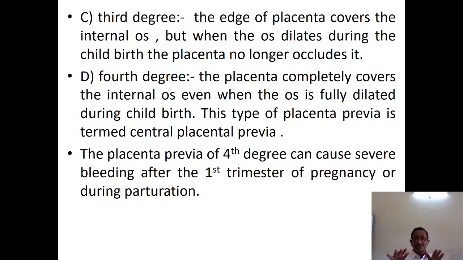And in the fourth degree, the placenta completely covers the internal os, and when the os is fully dilated during childbirth also, it is still covering the internal os. So this type of placenta previa is termed central placenta previa, and this can cause severe bleeding after the first trimester of pregnancy or during parturition.